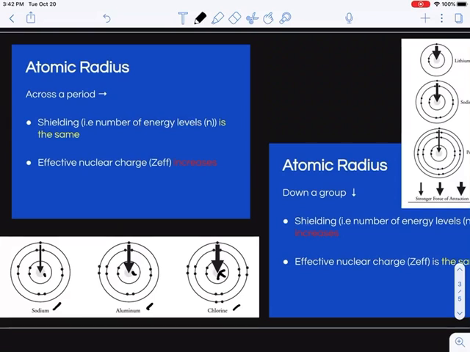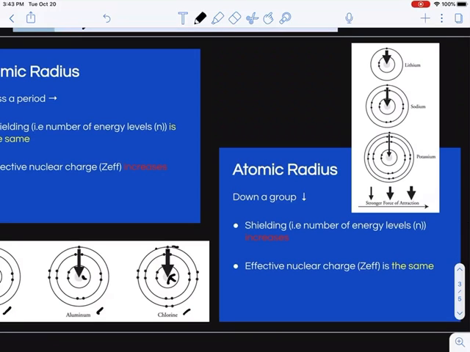And therefore, it's going to attract its outer electron more strongly than aluminum or sodium. And that outer electron is going to be pulled into the nucleus, making the radius of chlorine smaller than the radius of aluminum, and the radius of aluminum would then be smaller than the radius of sodium, because as effective nuclear charge increases, those outer electrons are pulled in closer.